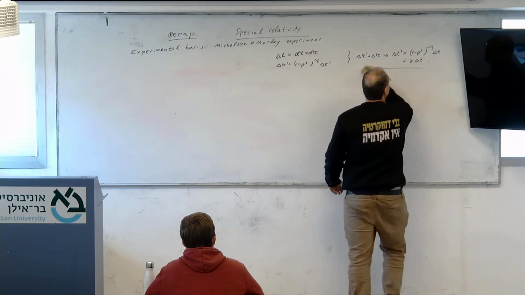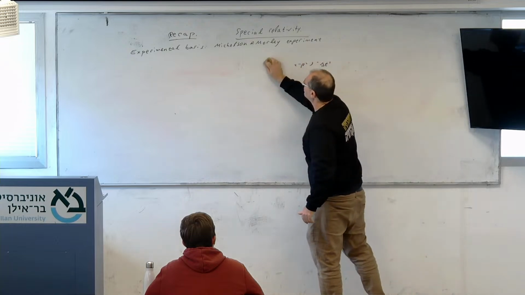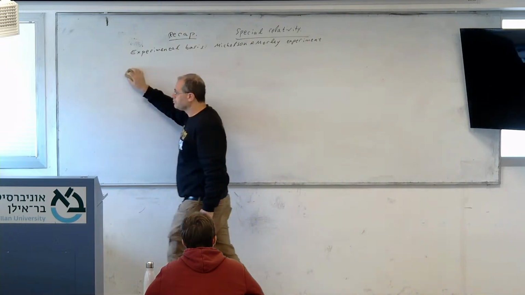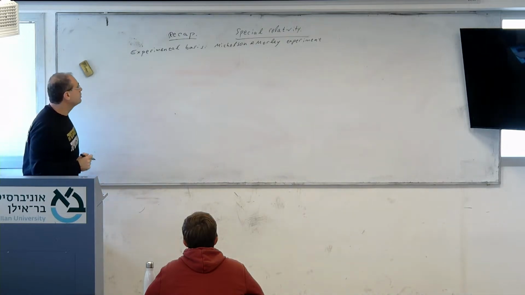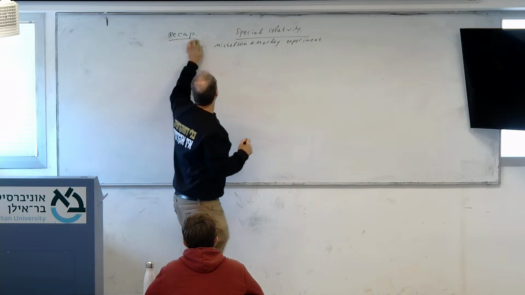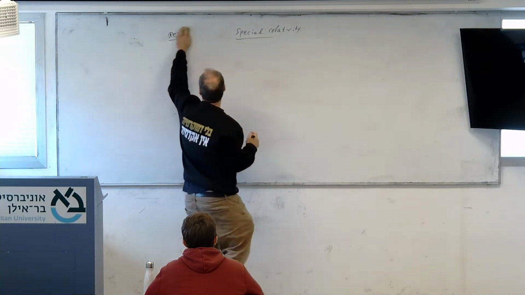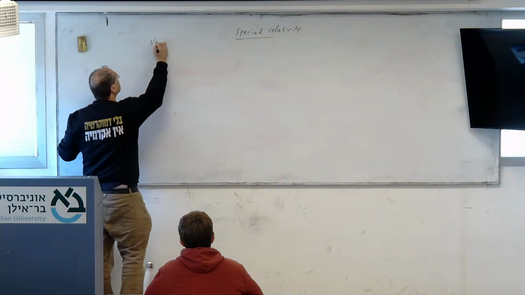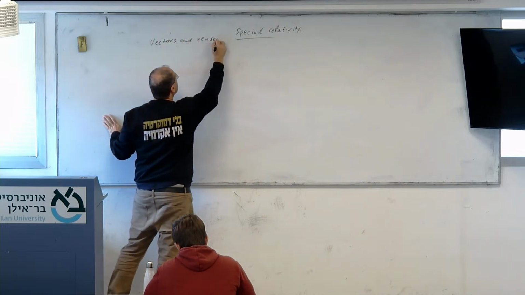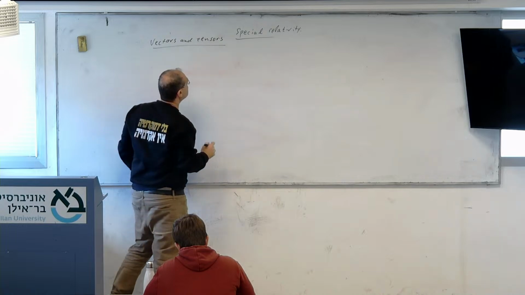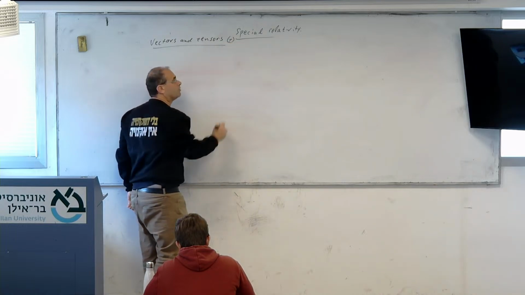So we're going to go back to linear algebra. So what we're going to do now is vectors and tensors. Call it 1, because there will be more to come later.